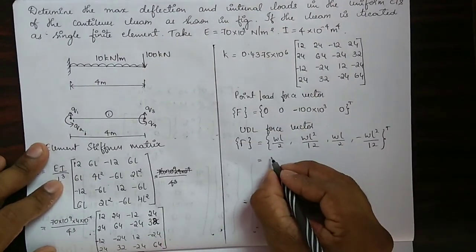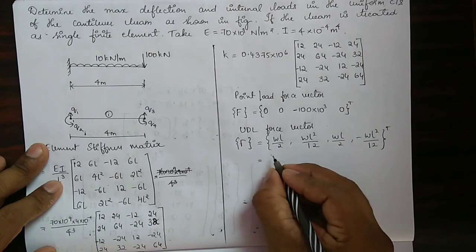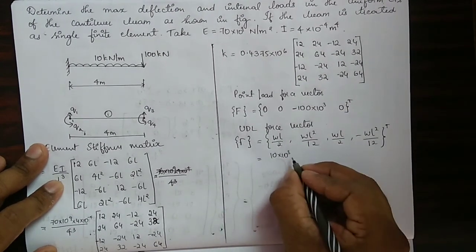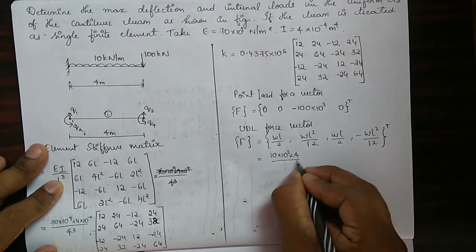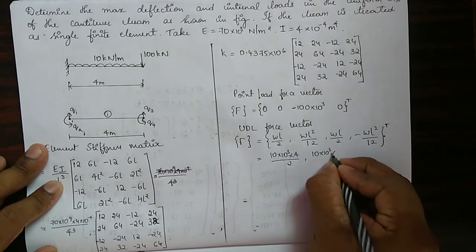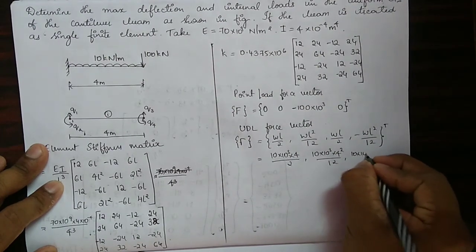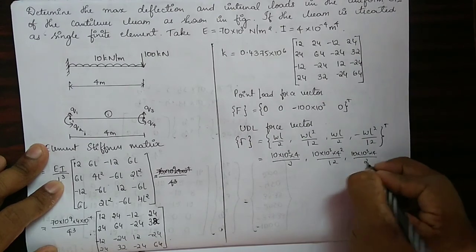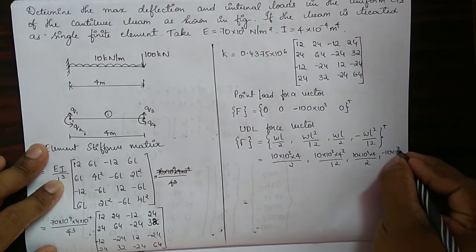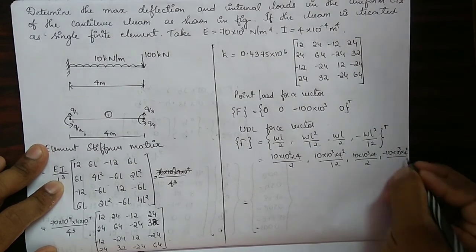So 10 into 10 raised to 3 into L value 4 divided by 2, 10 into 10 raised to 3 into 4 square divided by 12, 10 into 10 raised to 3 into 4 by 2, and minus 10 into 10 raised to 3 into 4 square divided by 12.